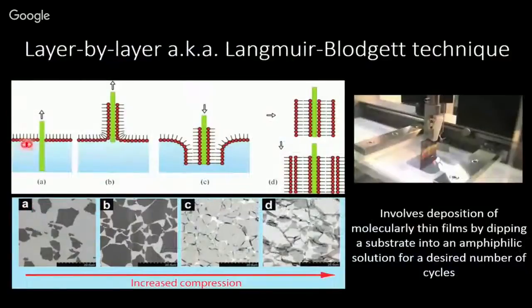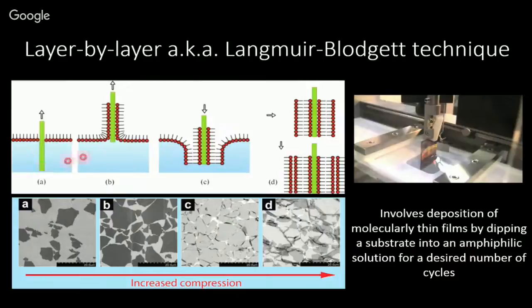So in this case, what you do is you have a solution, and then you put a surfactant. What is a surfactant? It's a long molecule that has one polar head and a non-polar tail. Then you just plunge a substrate into that solution.